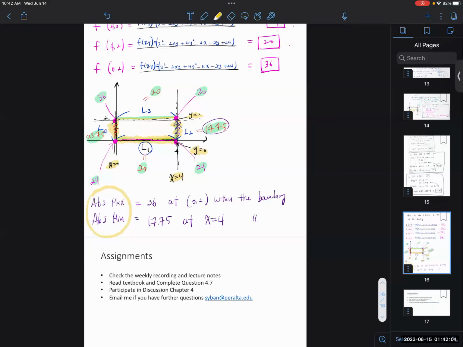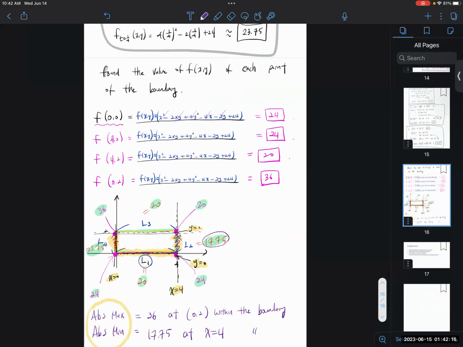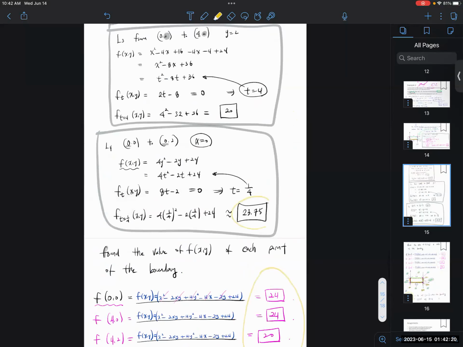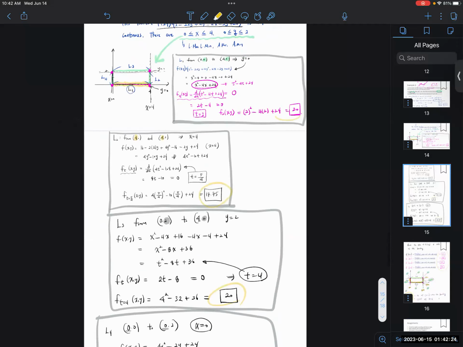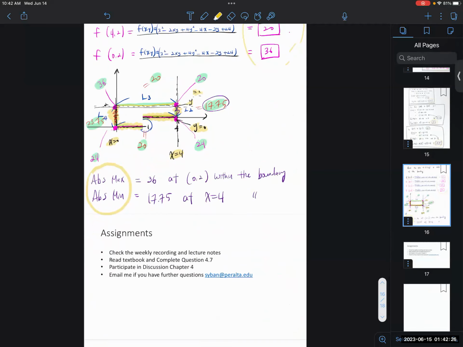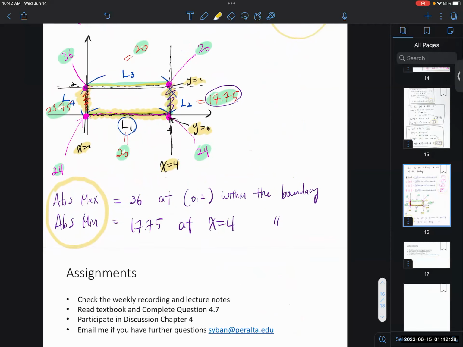So we evaluate the outcome of each of L1, L2, L3 and L4. Plus, we want to know specifically the outcome at the corner points. So I evaluated the corners, and these are all the line outcomes. Then we compare which one is the highest and which one is the lowest.